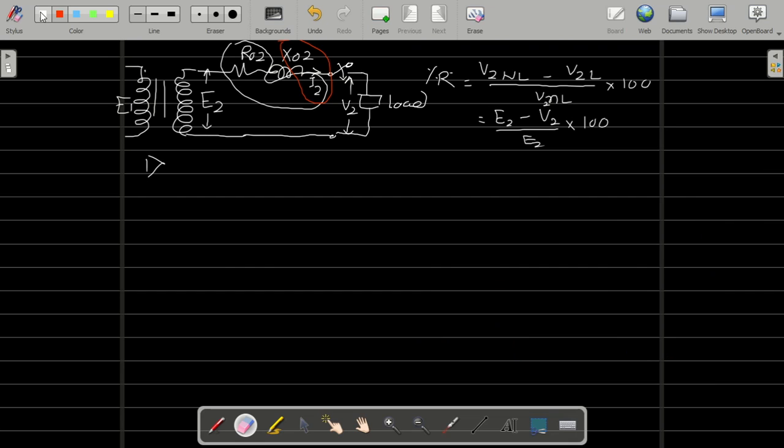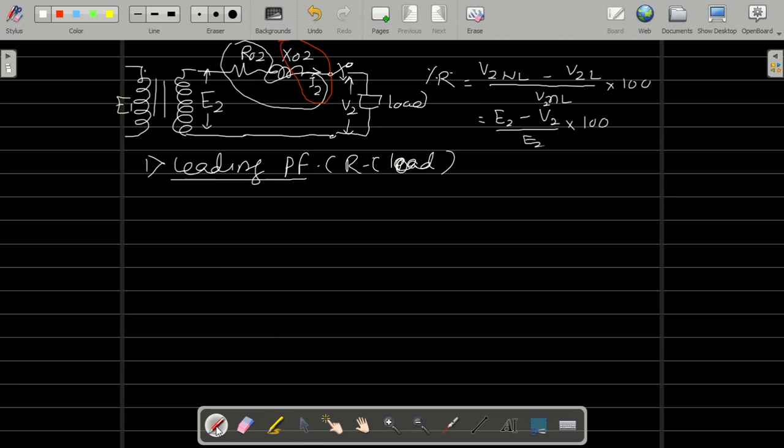Leading power factor, that is RC load. So I am going to draw the vector diagram for this. If an RC load is there, the power factor will be leading.